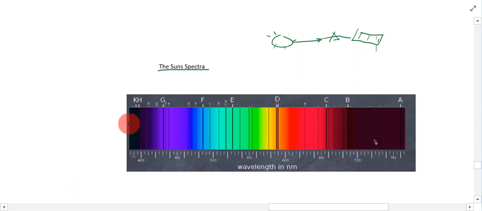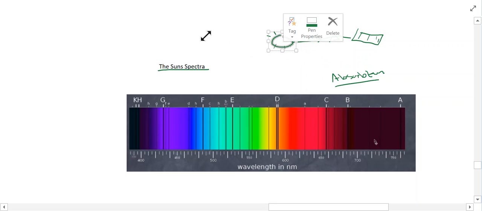You can see here that this will be an absorption spectrum. What's happening is you're getting white light from the core of the sun that's passing through an atmosphere that's around the sun. And then if we break it down through a prism, we get this characteristic, what's known as an absorption spectrum.